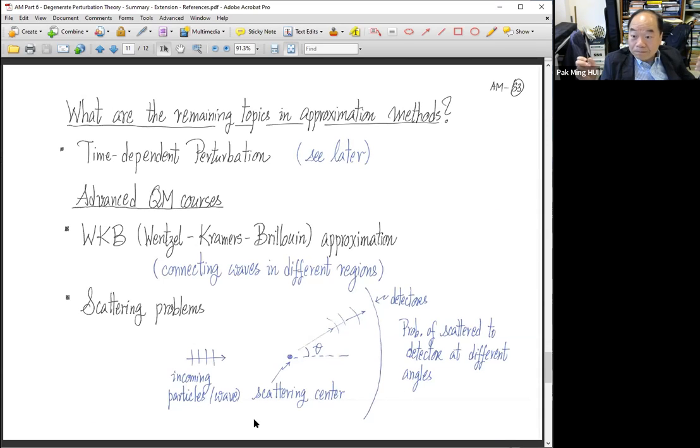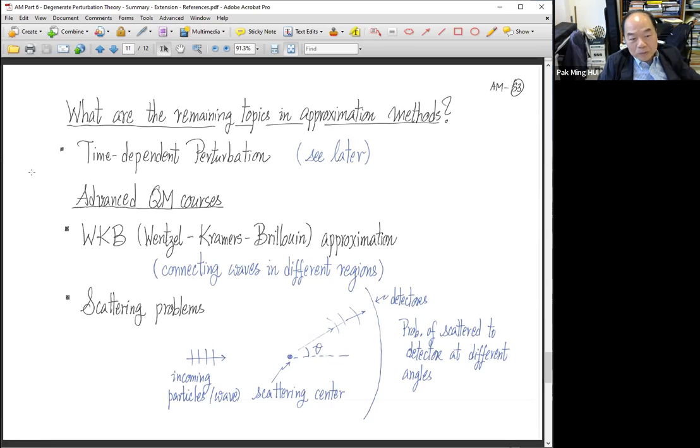There are approximation methods that are beyond this course. You can learn them in a more advanced QM2 or advanced quantum mechanics course. But I list them here for some students so that I direct you to what will happen next, although I'm not going to do that, okay?